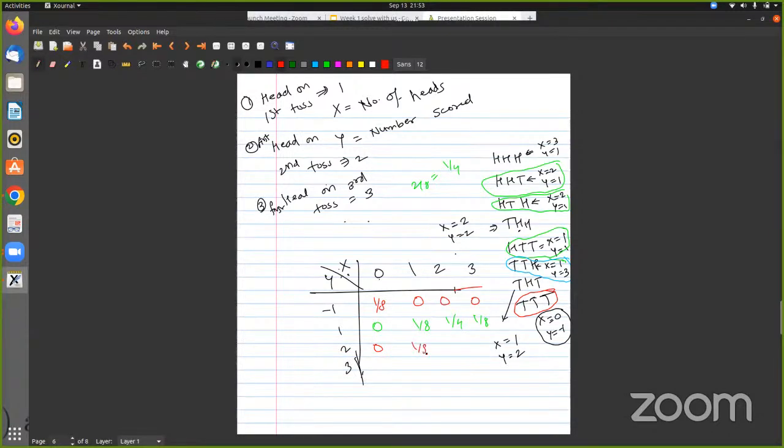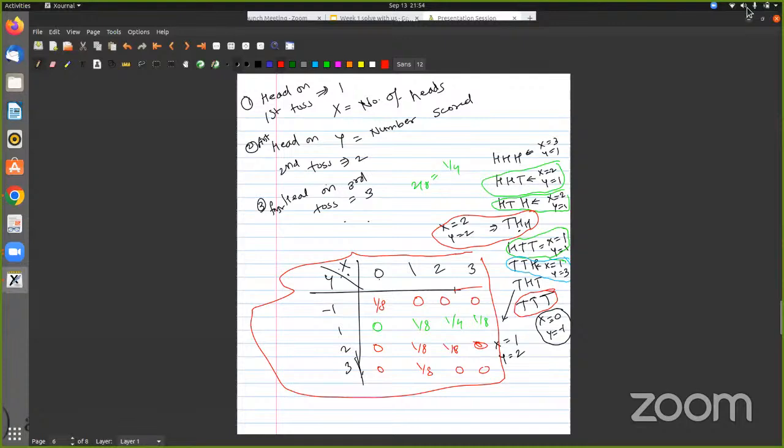What about x equals to 2 and y equals to 2? 1 by 8. x equals to 3 and y equals to 2? 0. x equals to 0 and y equals to 3? 0. x equals to 1 and y equals to 3? 1 by 8. x equals to 2 and y equals to 3? Here also 0. So this is what? This is my PMF table.